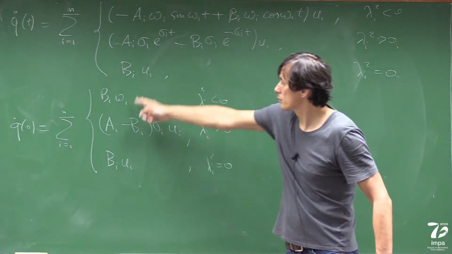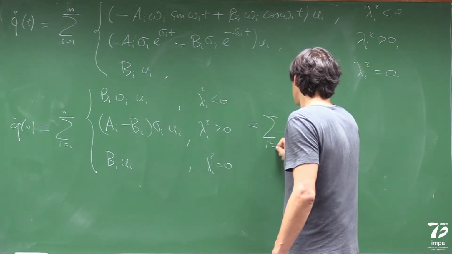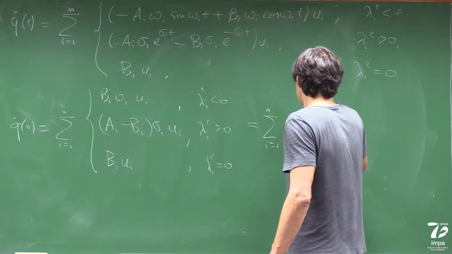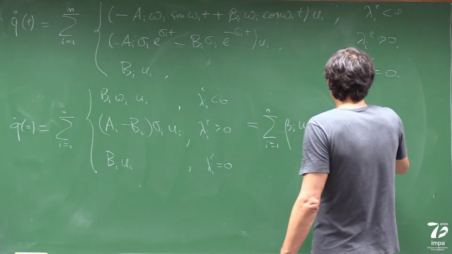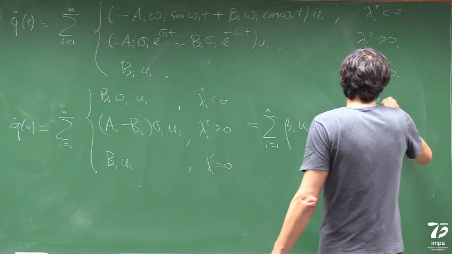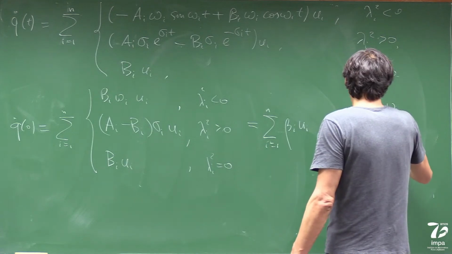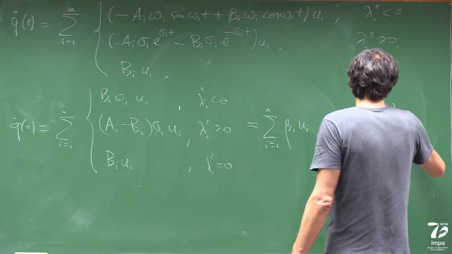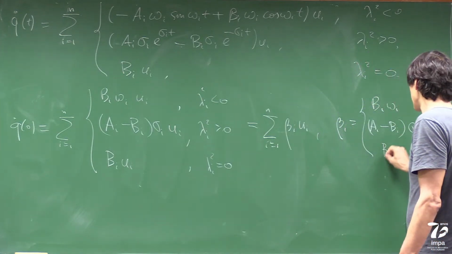So let's just call these coefficients beta. So what is beta? It's b_i omega_i, a_i minus b_i sigma_i, and b_i.